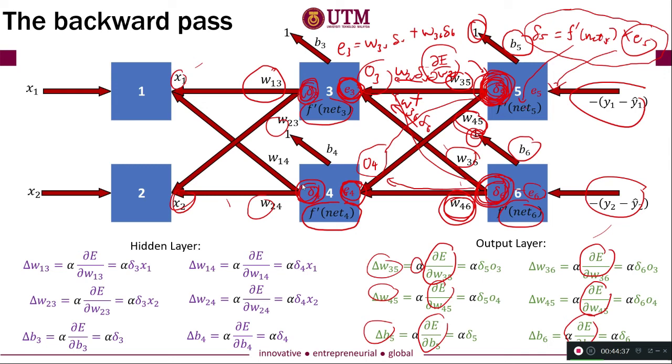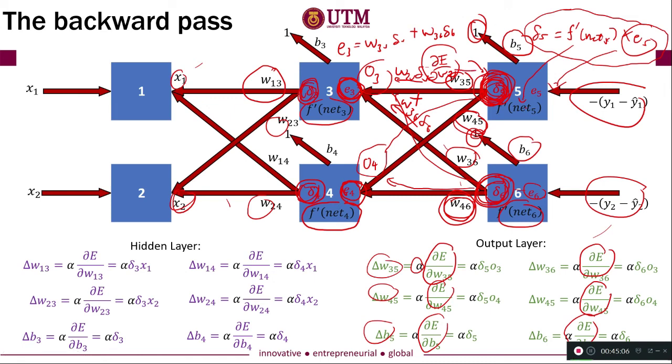As you can see, the one that is different is just the E. E at the output layer is not similar to E at the hidden layer. E at the hidden layer is defined by the W of the arrow towards that E, in the backward pass direction, meaning from here.